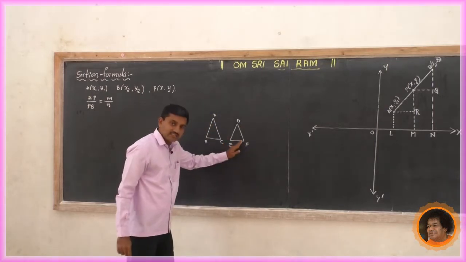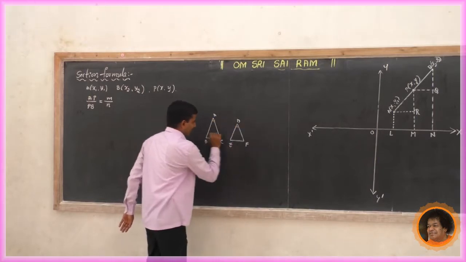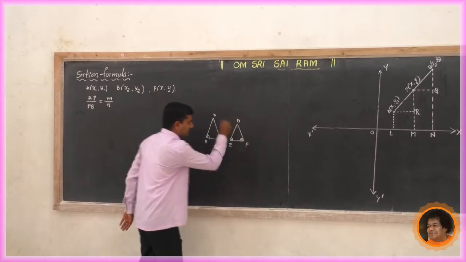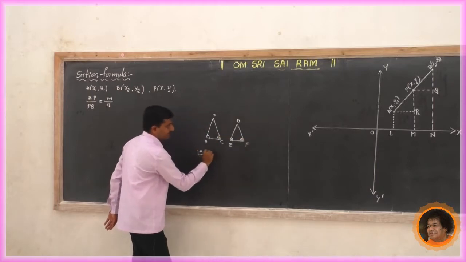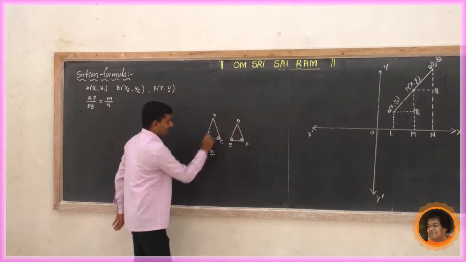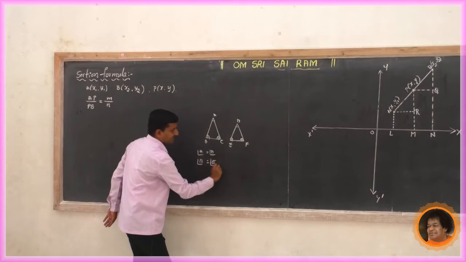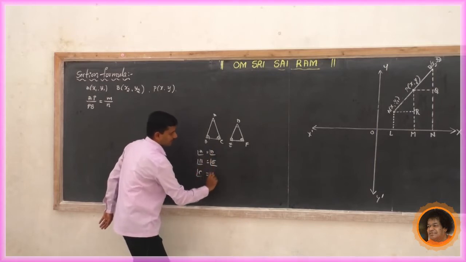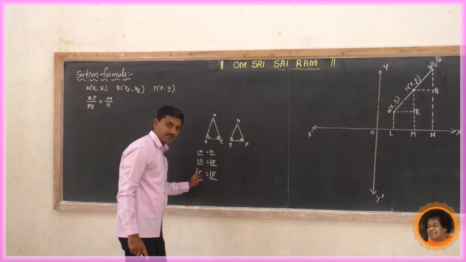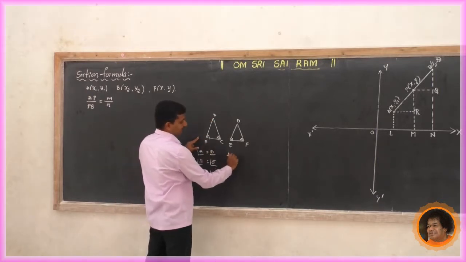In these two triangles, suppose the corresponding angles are equal. Corresponding angles means angle A equals angle D, angle A corresponds to angle D, and the corresponding angle of angle B is angle E, and angle C equals angle F. So the first condition is that corresponding angles are equal, and the second condition is that corresponding sides are proportional.